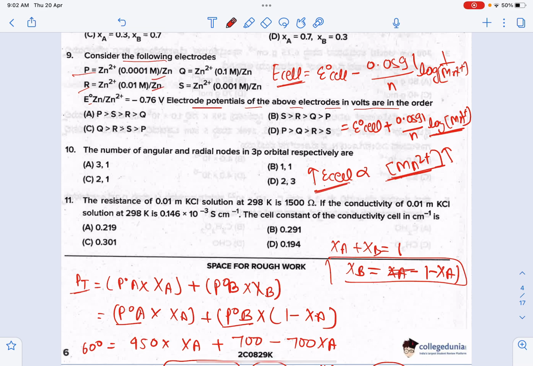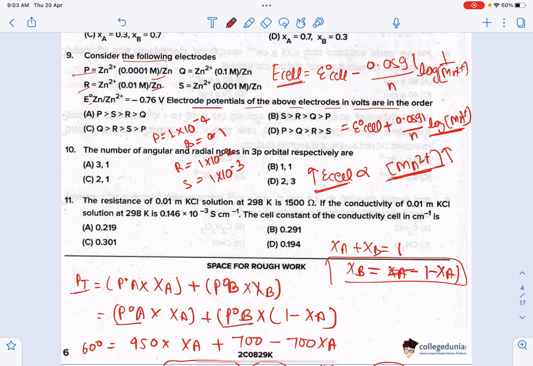Here the value of concentration is given. For P, it is given 0.0001, which we can write as 10 to the power minus 4. For Q it will be equal to 0.1. For R it will be 1 into 10 to the power minus 2, and for S it will be equal to 1 into 10 to the power minus 3.